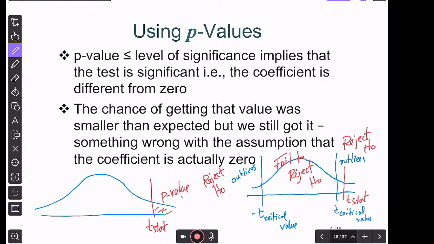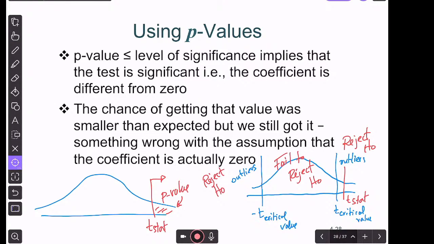The p-value is the probability of being as extreme or more extreme than the test statistic, assuming the null hypothesis.